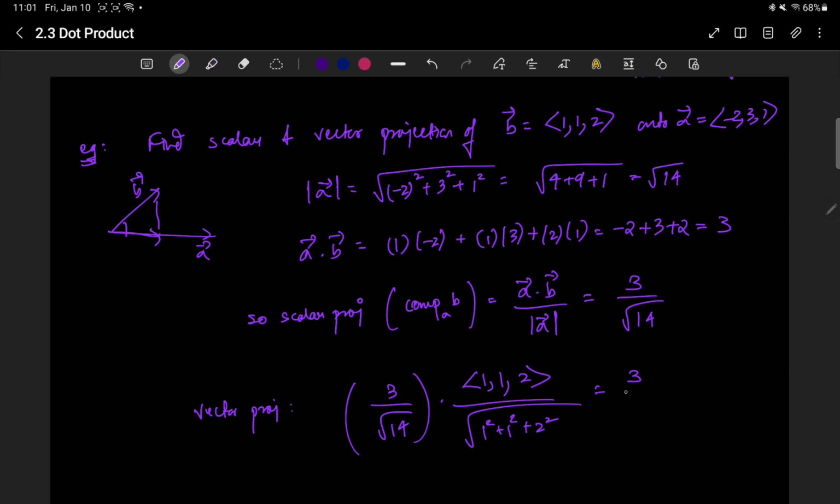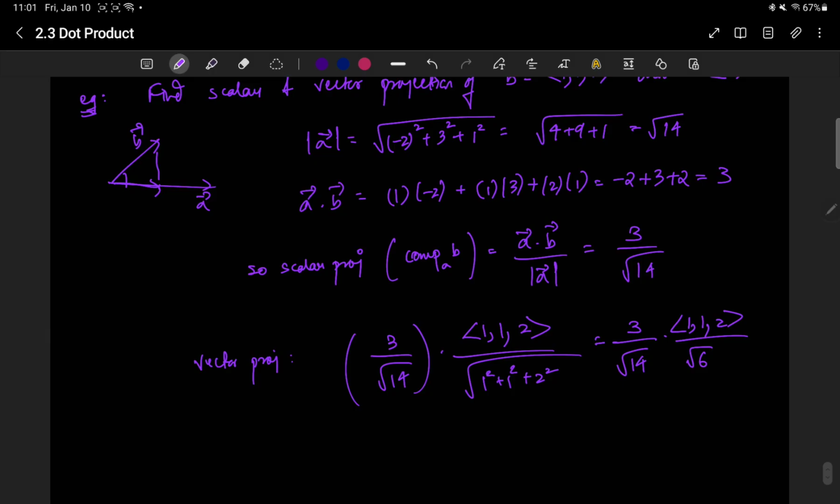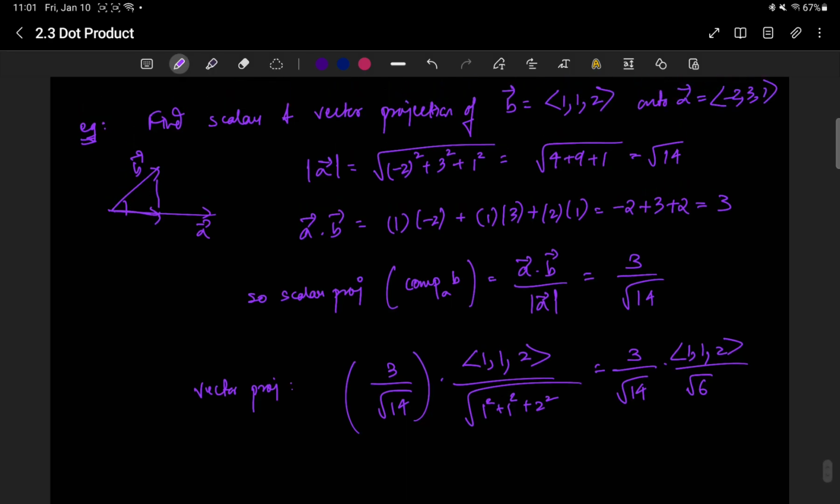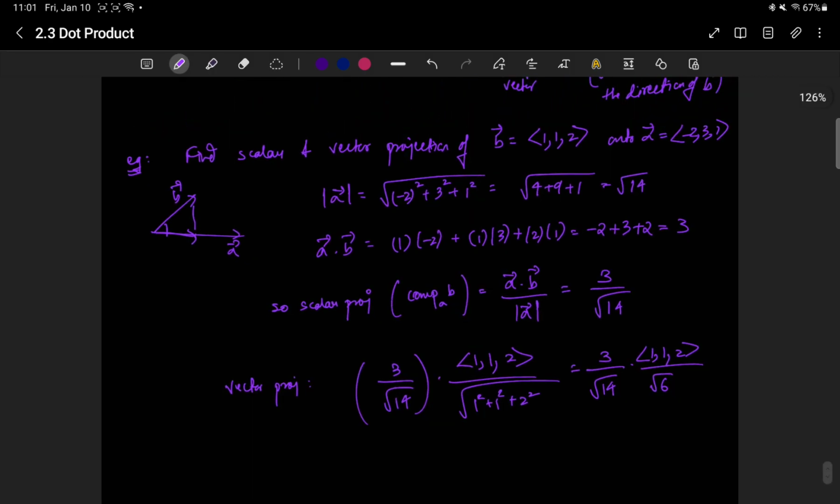So 3 over root 14, times... sorry, this is in the direction of A. So this vector should be A here.